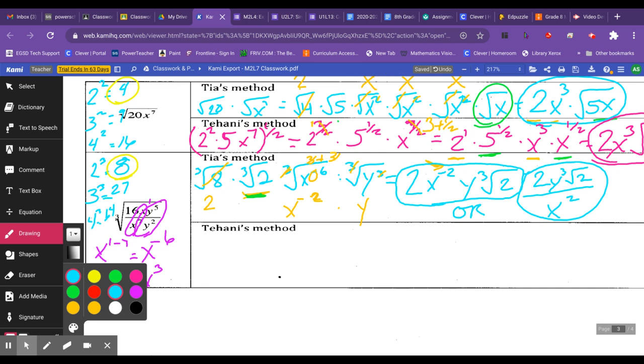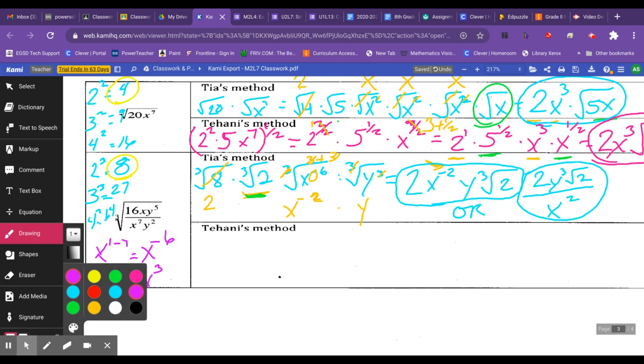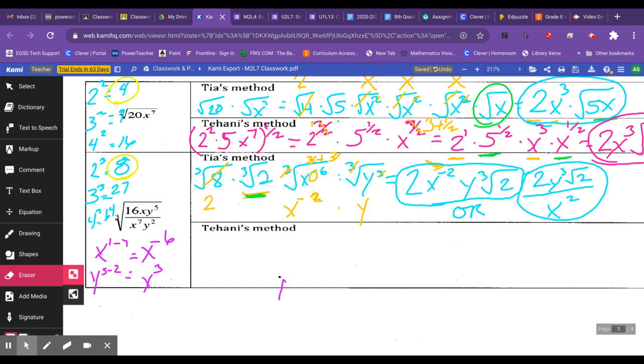All right, let's try Tahani's method. I'm going to go ahead and erase some of these guys, just so I can see my numbers again. Okay, so first step is to get my 16 into prime factorization. If you remember what we said last time, if we just keep multiplying by 2, we do get to 16.